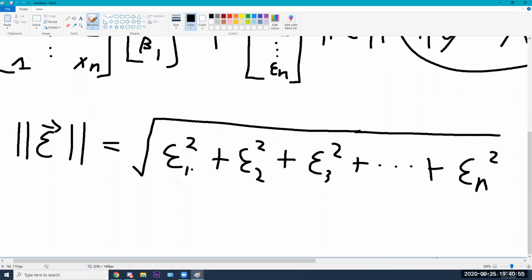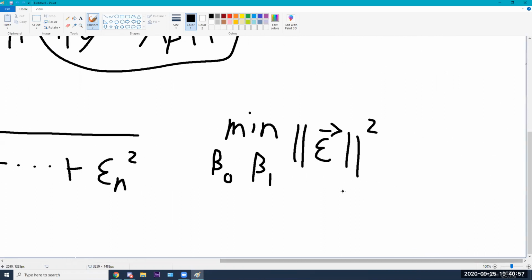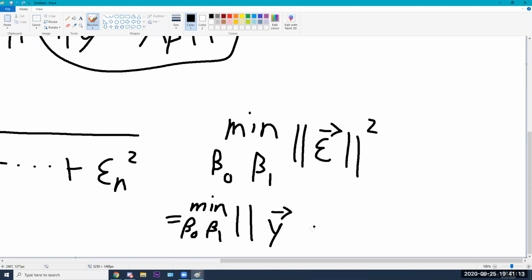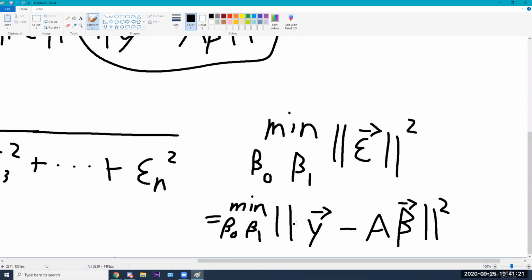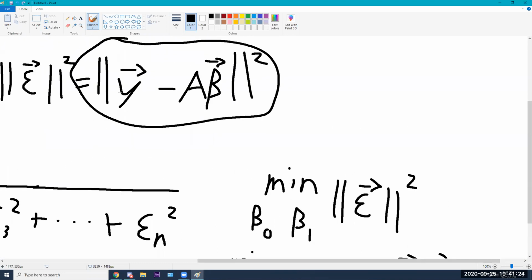So you just end up with all the error terms added up together. So minimizing this is equivalent to minimizing, with respect to beta naught and beta 1, the norm of y minus a squared, because we're just performing this minimization and squared function on both sides of this equation.